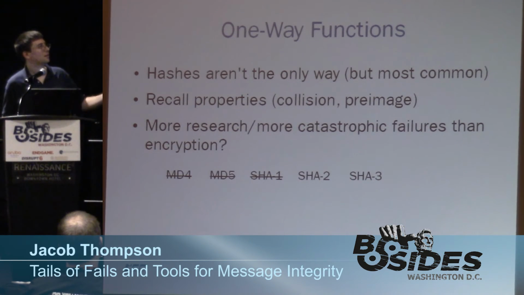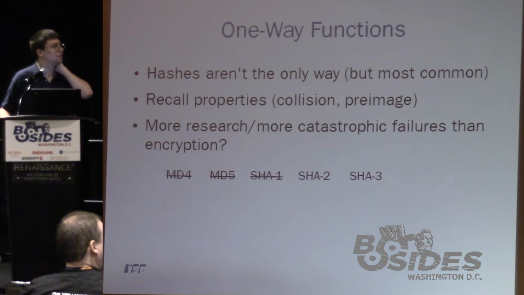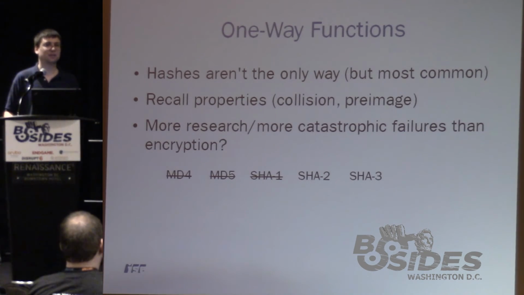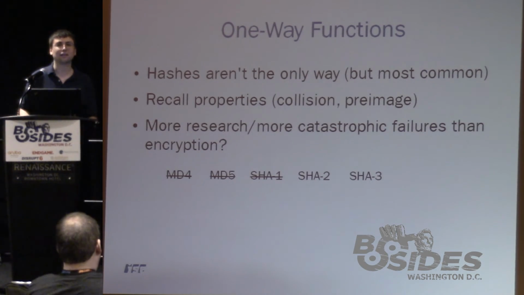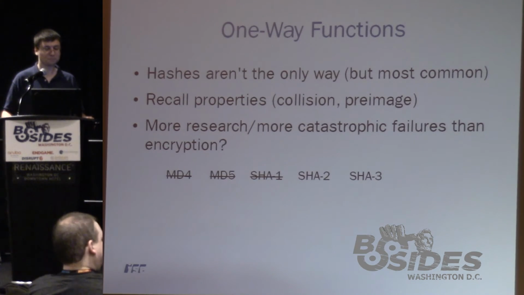MD4 still has some residual uses in some NT password things, I believe. And then MD5 and then SHA-1: all three of those are do not use at this point because of collision problems. Think about SHA-1, coming out in the mid-90s and 20 years later considered completely unusable, and it's reputable people that came up with these things. It's obviously much more difficult than just a plain cipher.